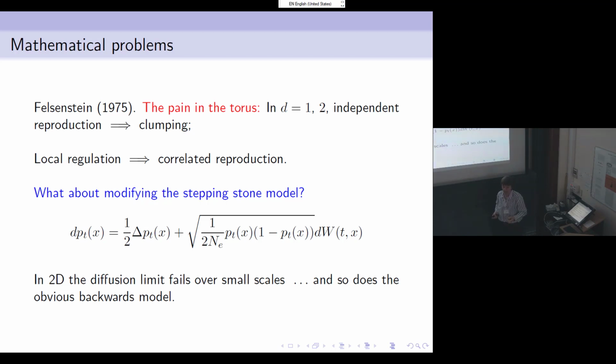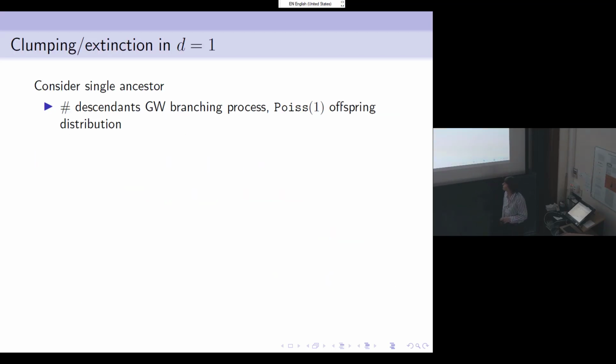But then is the uniform distribution invariant in the supercritical case? In the supercritical case it's not invariant, and in fact you're still going to see that the population density will grow, but it won't grow in an even way. It will grow in clumps, and we'll see that now.